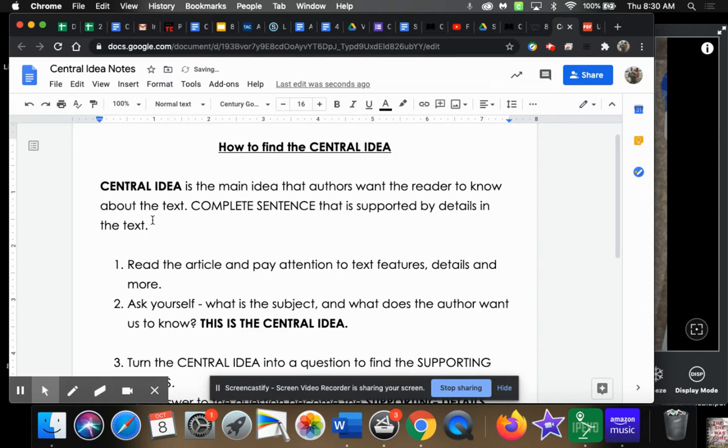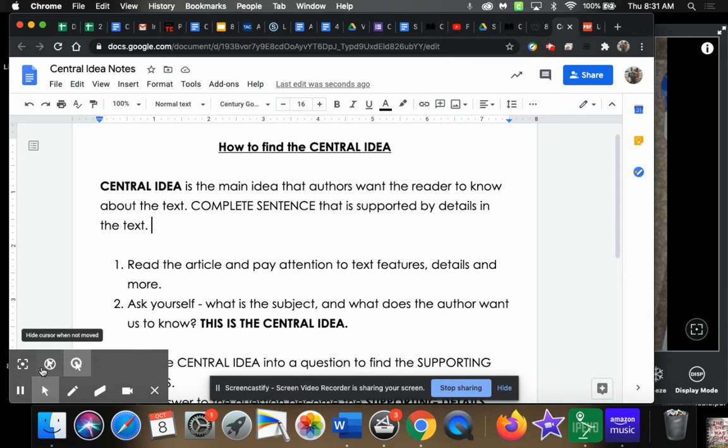Yesterday, we watched a video on how to cite specific evidence. You should be able to pull evidence from all through either that article or all through that section to support the central idea that you are saying, okay? So again, it is the main idea. Central idea is the main idea that the author wants the reader to know about a certain text, and it will be supported by evidence, okay?